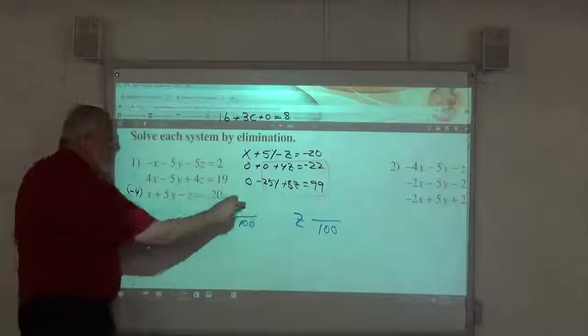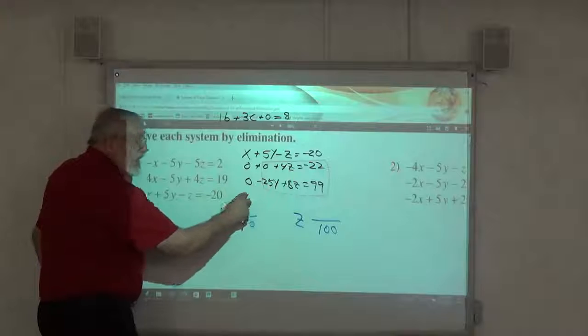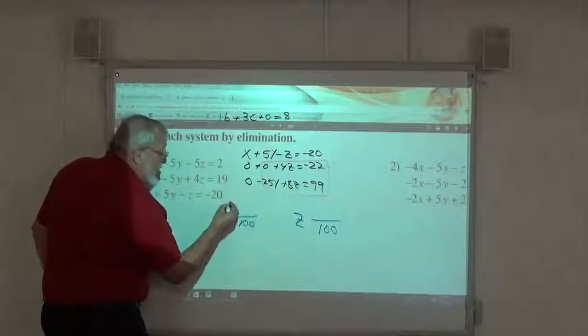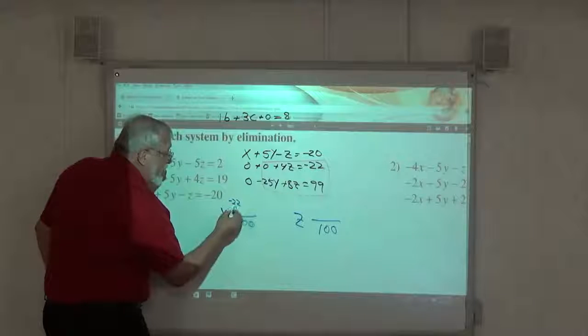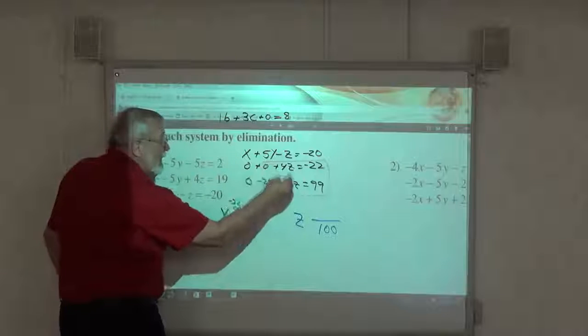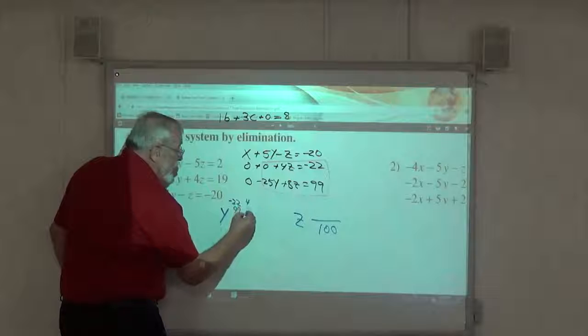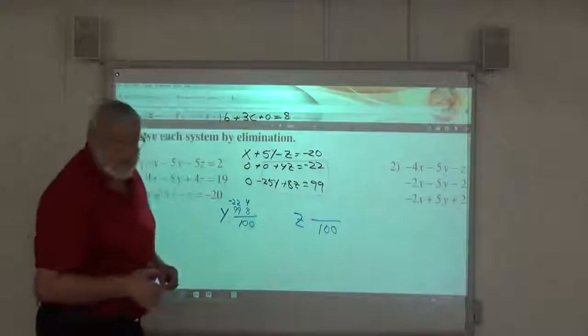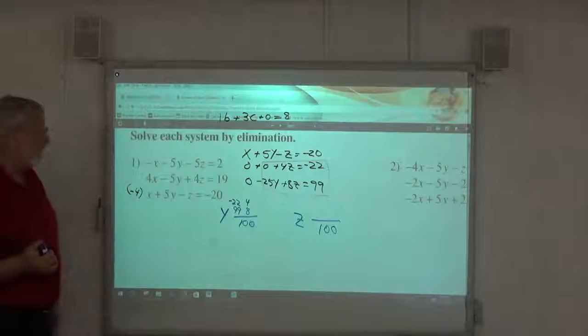Okay, now to get this, I replace the answers with the coefficients for the y. So negative 22 and 99, and I'm going to keep the 4 and the 8. All right, and now we're in a place where you're going to have to use your calculator.